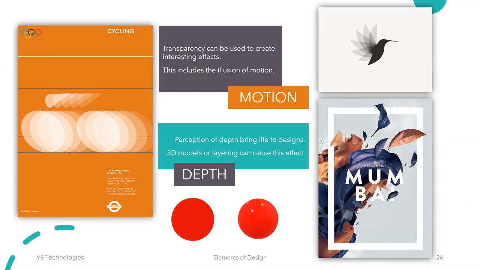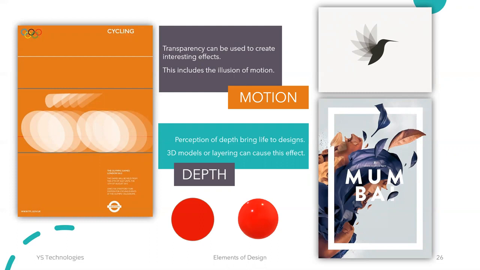A similar illusion can be created of depth. Even if designs are on a screen or on a printed page, by layering them, like keeping some elements of the design before, above the other, like for example, how some of these leaves, they are over the boundary, the border, and even the letter gives an impression that there is a depth to this image.